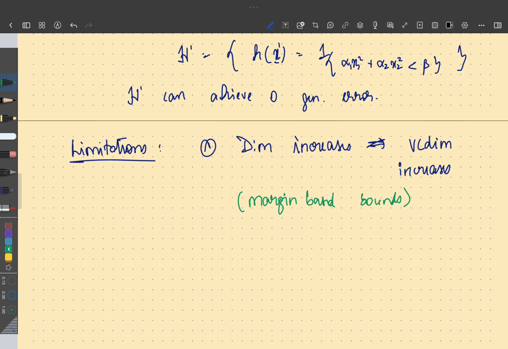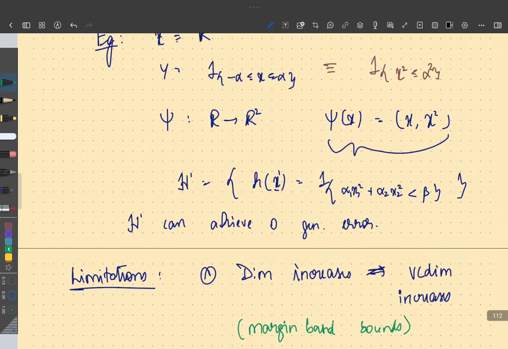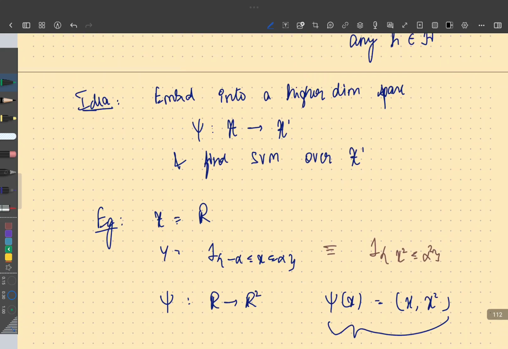So in other words, if I have a data set and it is linearly separable over some higher dimensional embedded space, then the guaranteed margin also gives me a bound on the generalization error. This works only if there is a non-trivial margin in the space into which this is embedded. The space into which this is embedded will be called the feature space.